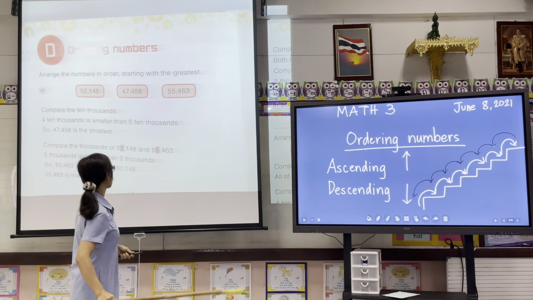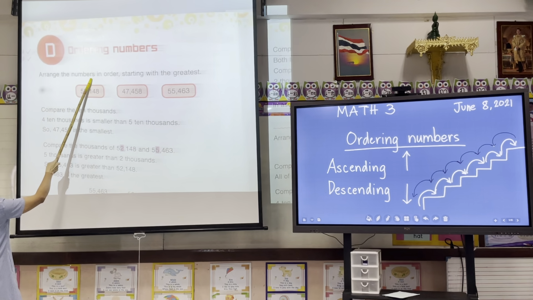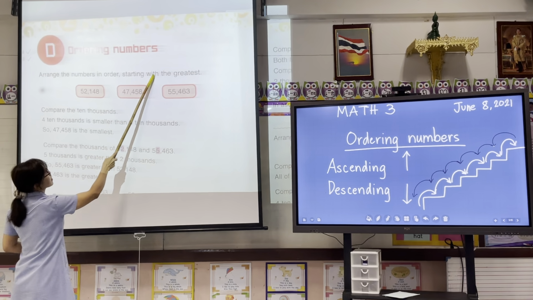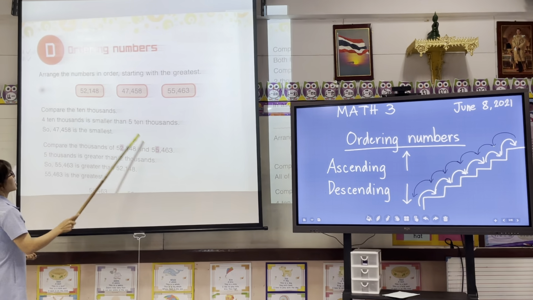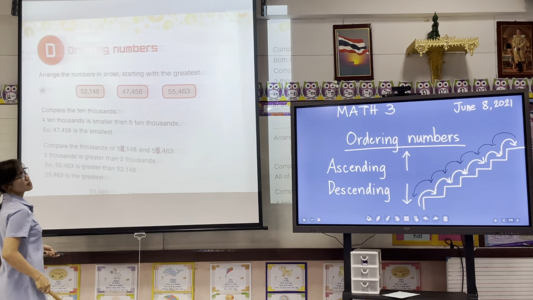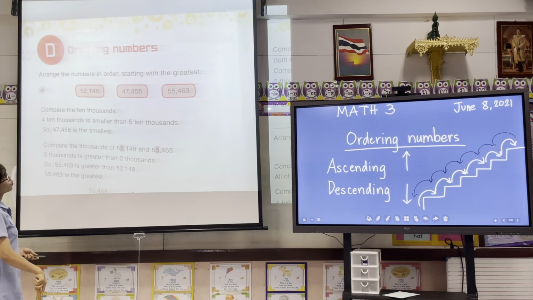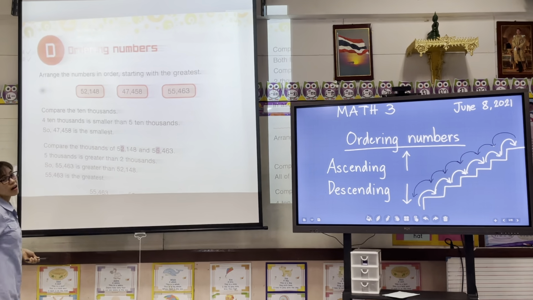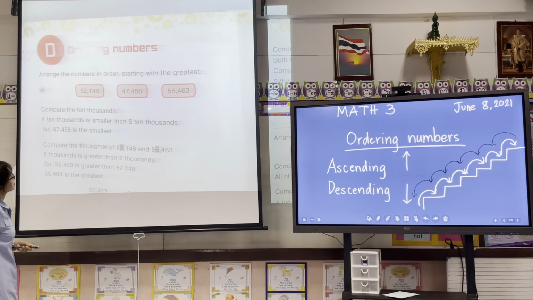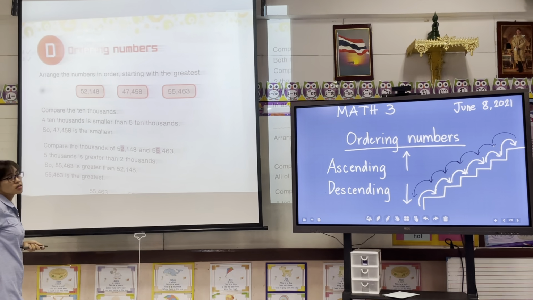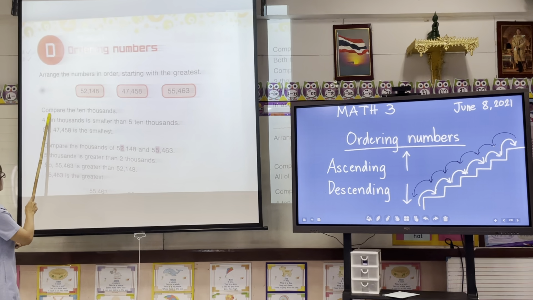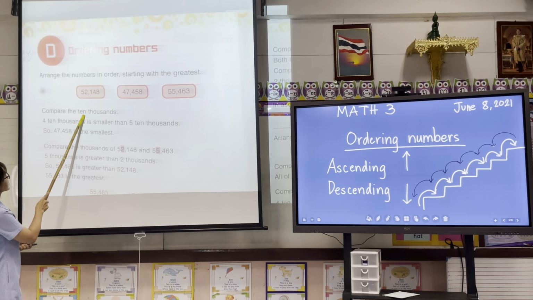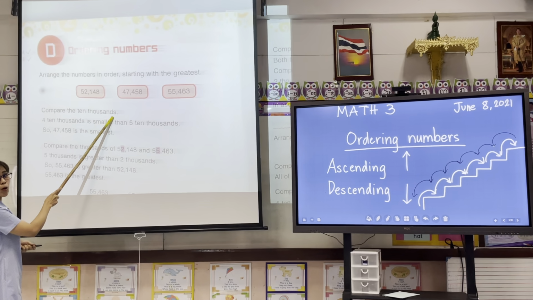Alright? Arrange the numbers in order starting with the greatest. Now, from these three numbers, which number do you think is the greatest? All of these have 5 digits. What we should do is compare the 10,000s, just like in comparing.